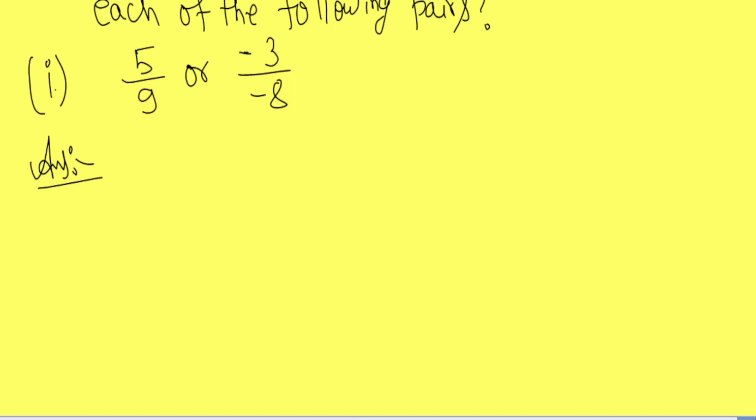In 5/9 the denominator is 9, whereas in -3/-8 the denominator is -8. So we cannot compare at this point.